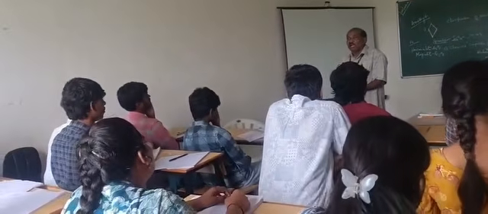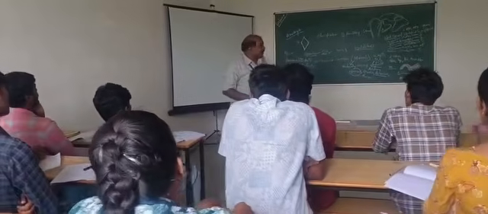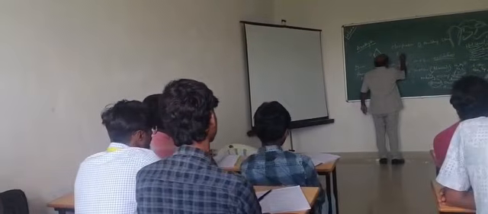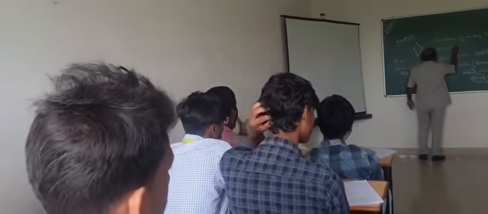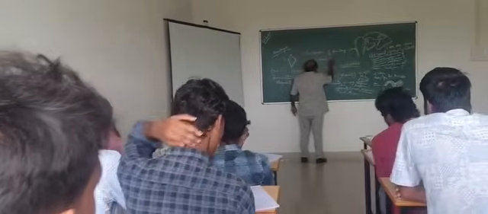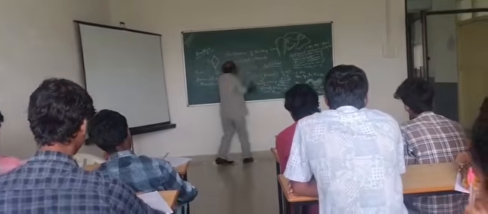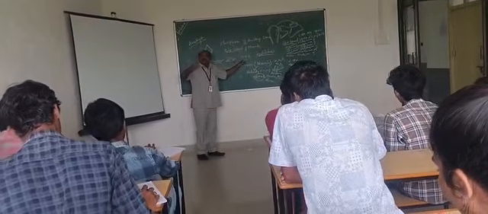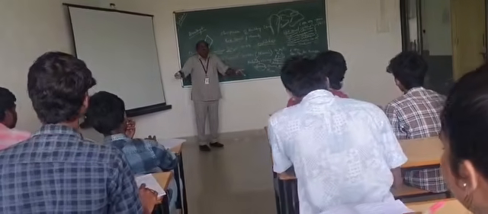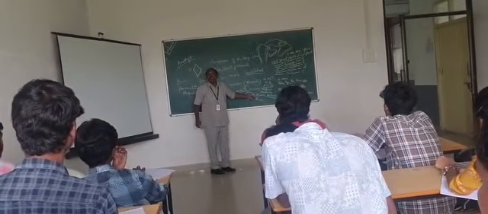Now, the question is, I said rock. What is the definition of rock? Rock consists of minerals. That means whether it is igneous rock or sedimentary rock or metamorphic rock, it consists of different minerals.